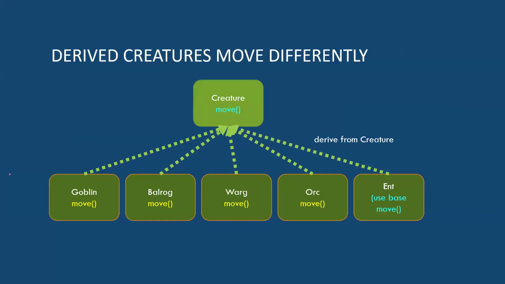So here's all of our kind of imagined creatures that can move differently. And one creature, we didn't really have time to develop its own method, so it's not going to override the method. So this is not going to override, but all these will. And again, I think I mentioned this last time, they have to be called the same thing, and they have to have the same function signature.